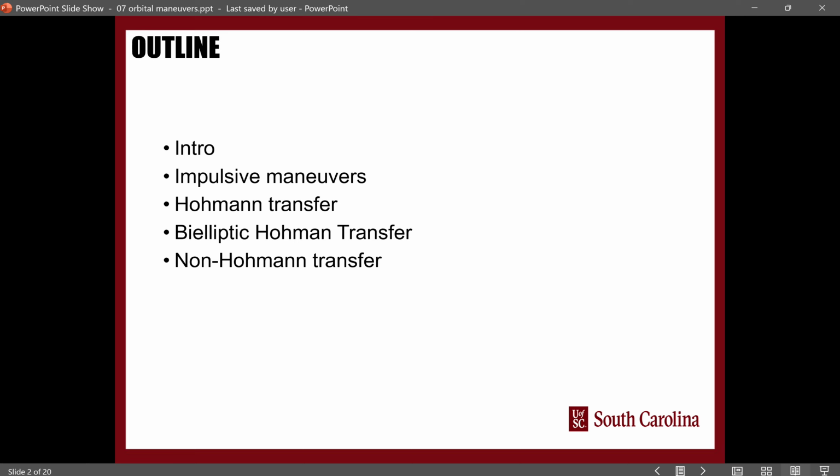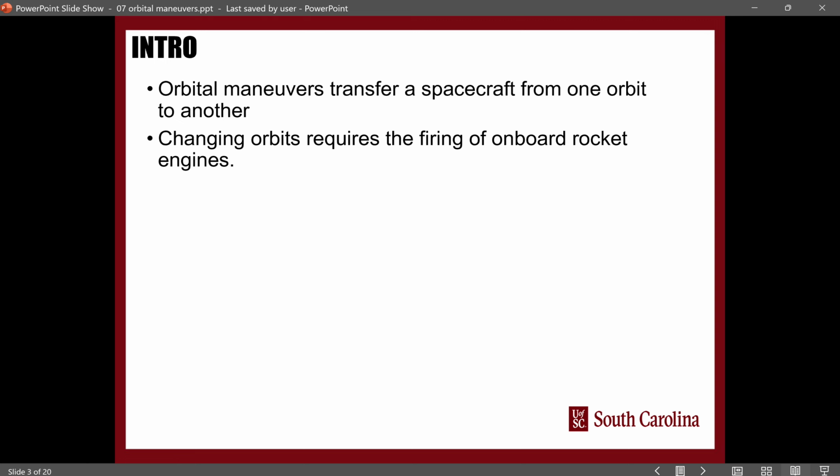I think we have enough time because we are moving fast enough. Non-Hohmann transfers in general. Okay, first of all, orbital maneuvers are going to transfer a spacecraft from one orbit to another. How can we make this transfer happen?